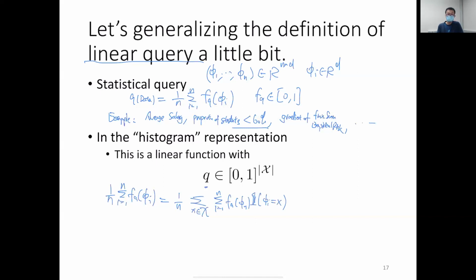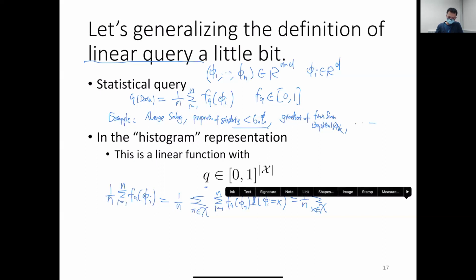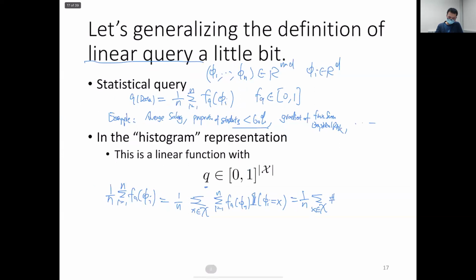equal to x. And this is equal to 1 over n, the sum over all elements of the space, the number of x in the data set multiplied with f q of x. Which is 1 over n q transpose of the histogram representation of the data, and we just call this 1 over n q transpose x.